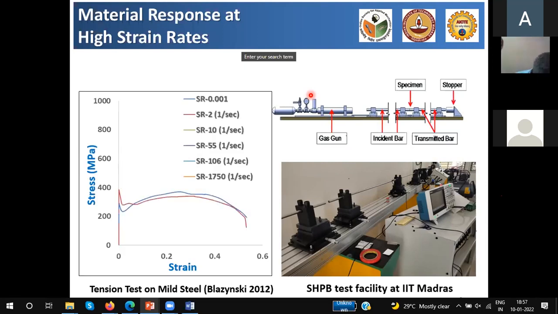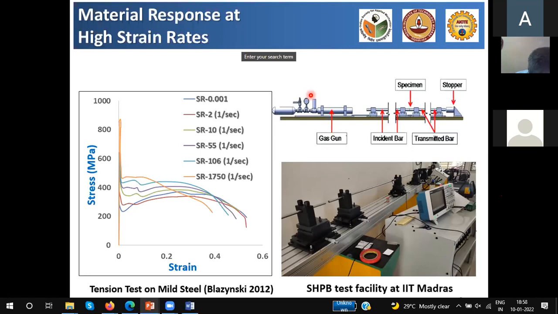And these are important primarily because your yield stress can keep changing depending upon the rate at which you're loading the specimen, as you can see in this figure. When you go from a quasi-static test to a very high strain rate test, of the order of 1750 per second, you find that the yield stress drastically changes, even though it falls off equally drastically after some time.